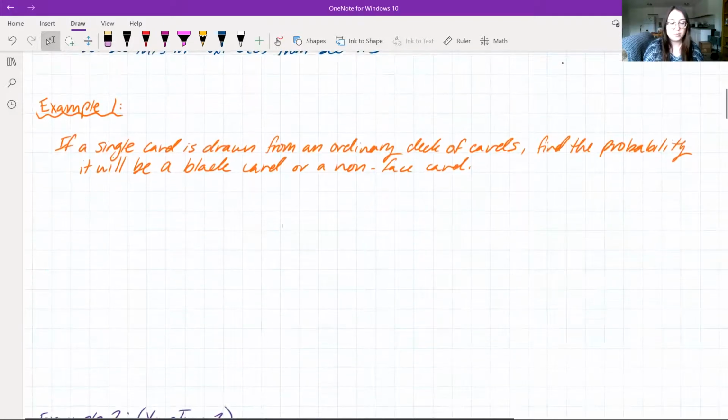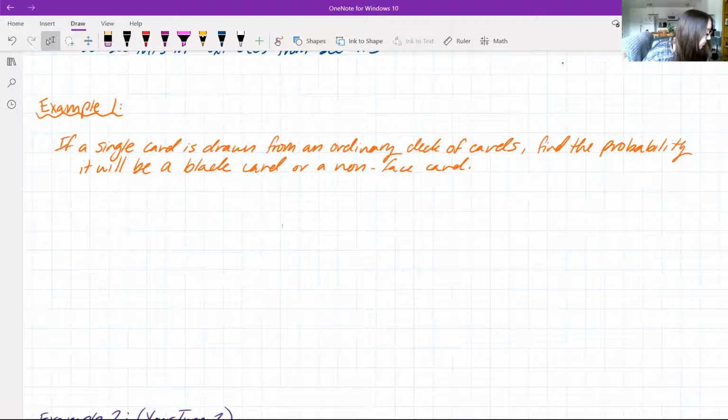For example 1, if a single card is drawn from an ordinary deck of cards, we want to find the probability it will be a black card or a non-face card.